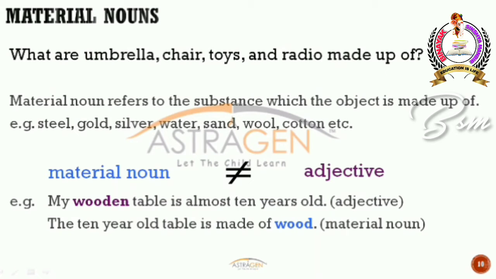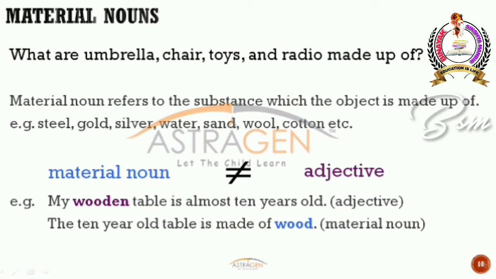So what is table made of? Wood, correct. Alright, and you also have an adjective here. What is the adjective? Put the question how again. How is the table? The table is old, right? So old is an adjective, whereas wood is just a material noun.